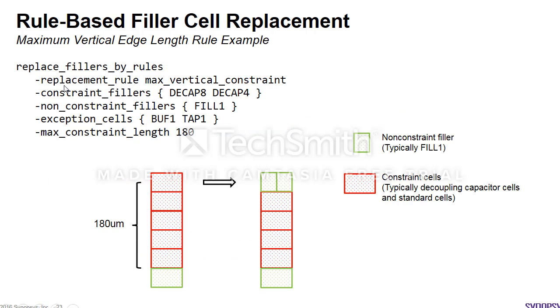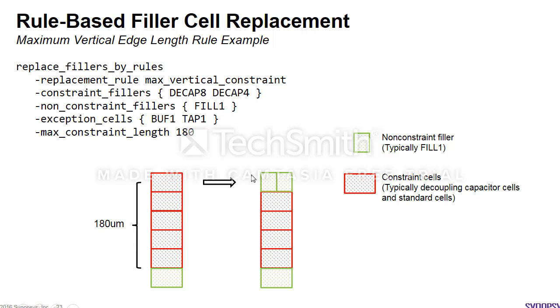For example, when you define your maximum constraint length, it's 180, and if feeder insertion inserts the decap over this length, it will replace one decap with one feeder to break the length, to make sure your continued decap is less than your specified maximum constraint length.